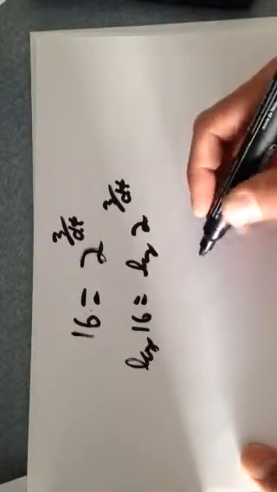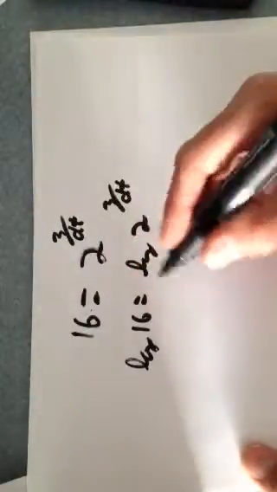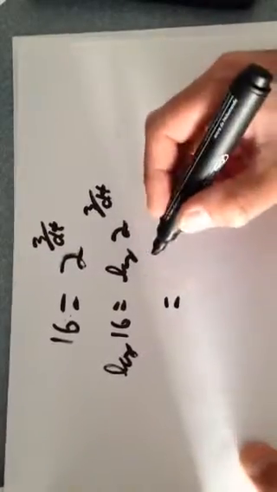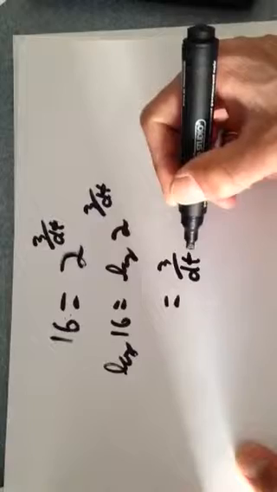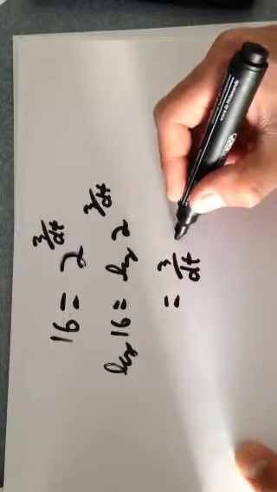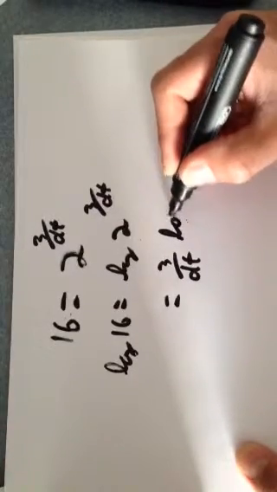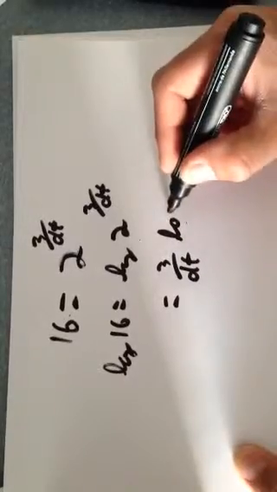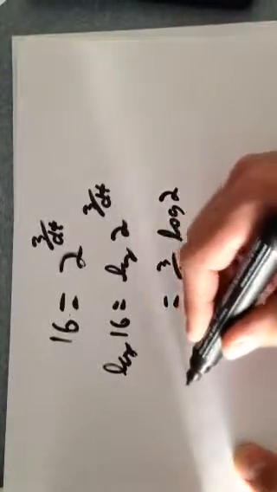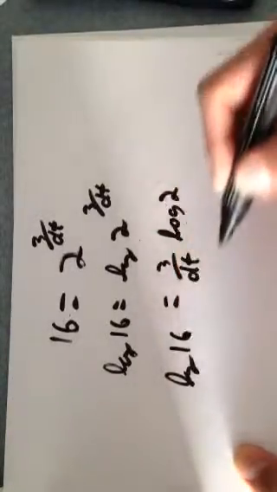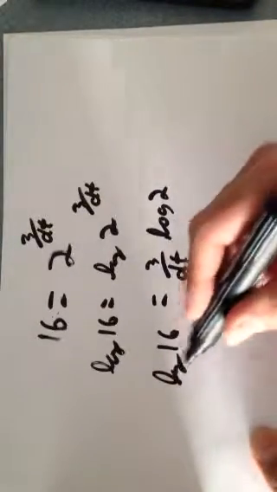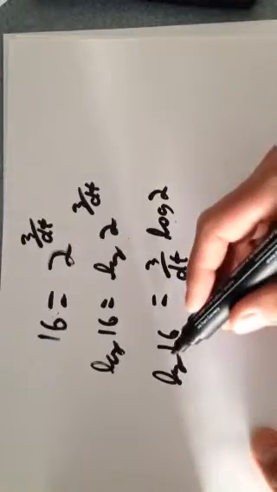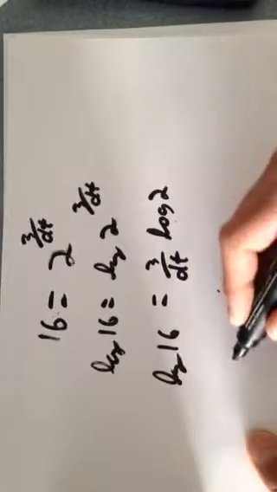And we have a rule with logs that allows us to bring this exponent down here, turning it into a linear equation. 3 over dt, well, the variable's on the bottom, so it's not technically a linear equation, but it is easier to deal with. 3 over dt times the log of 2 is equal to the log of 16. Now I can multiply both sides by dt and divide both sides by the log of 16.